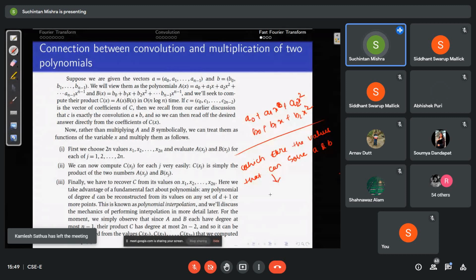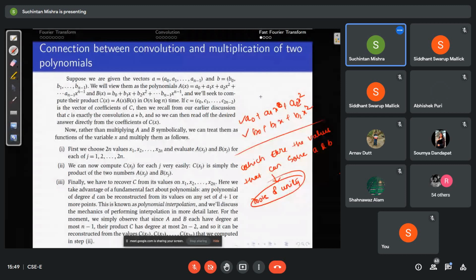The answer is definitely roots of unity. So if I can find the roots of unity for this polynomial and this polynomial, then I can solve them using those n roots or k roots.